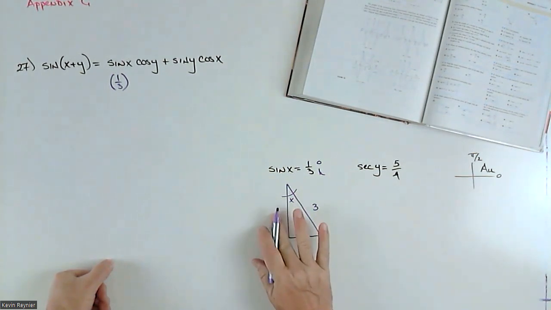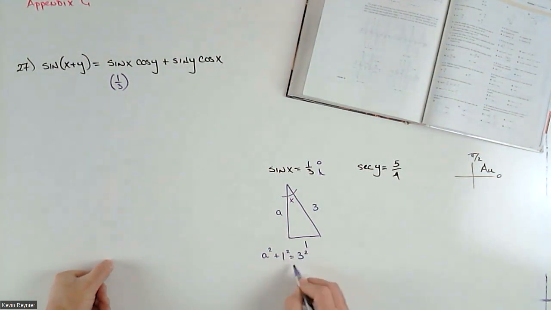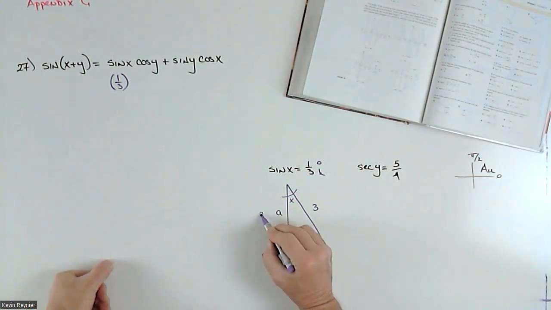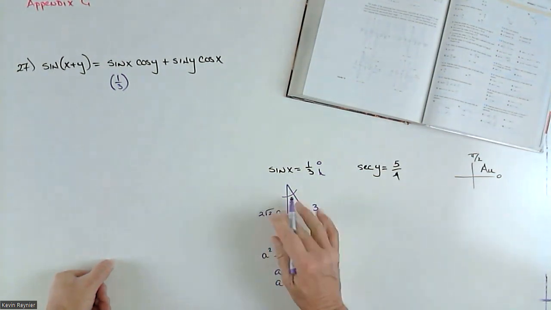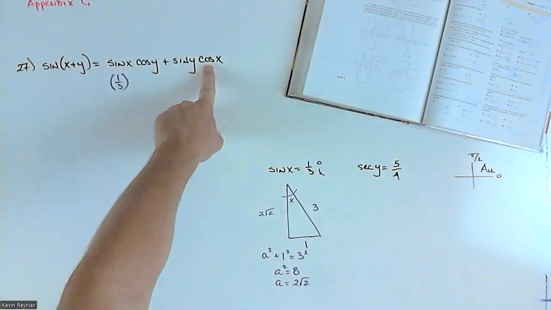So let's not use x. We'll call it a. So a squared plus 1 squared equals 3 squared. A squared equals 8. A equals 2√2. So this side is 2√2. Well, now we can find the cosine of x. The cosine of x, I need it right here.